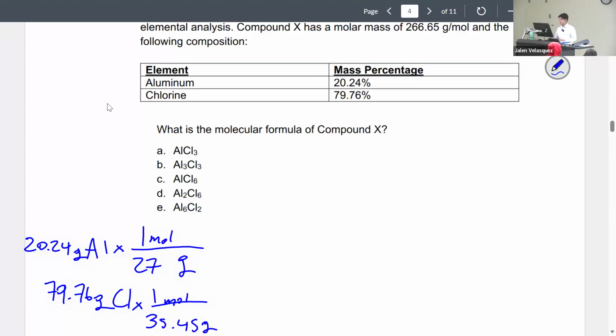Okay, so how many moles of aluminum do you get with this mass? Good, so I have 0.749. And what about for the chlorine? 2.249 moles, right?